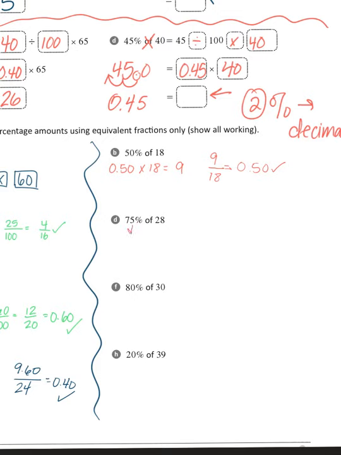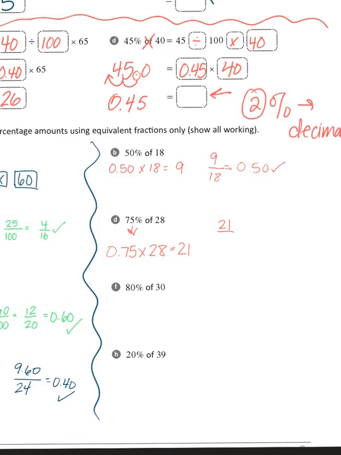75%. 75% means 75 out of 100, and 75 out of 100 is the same thing as 0.75. Of means times, so 75% of 28 is 0.75 times 28, which equals 21.